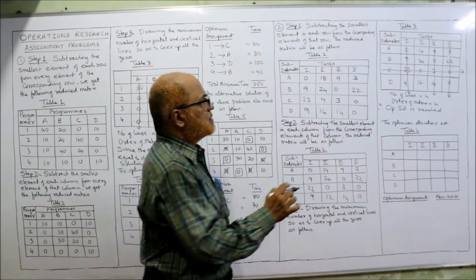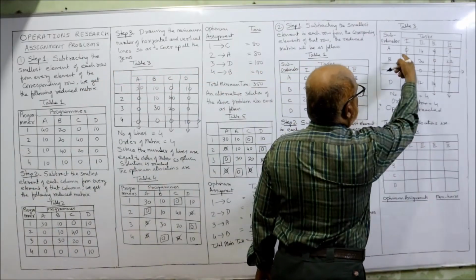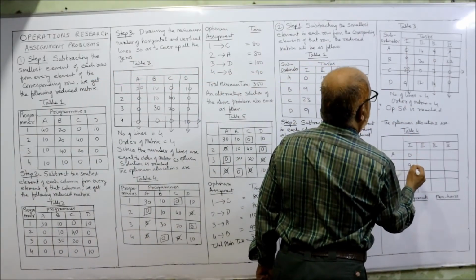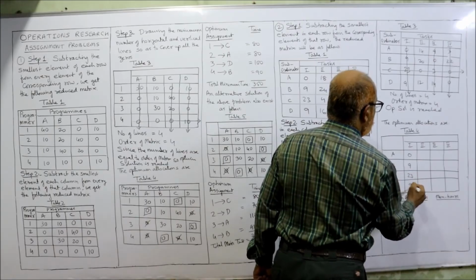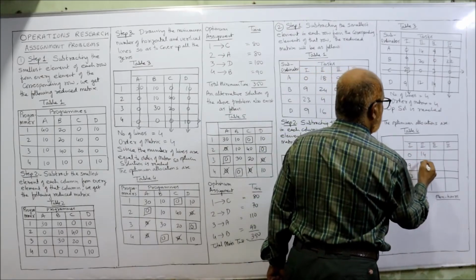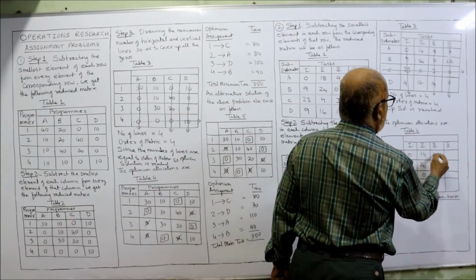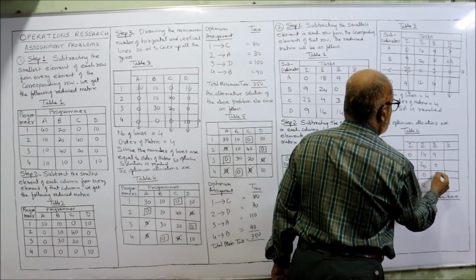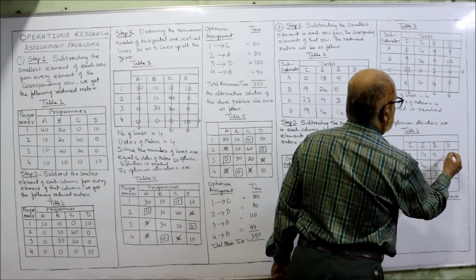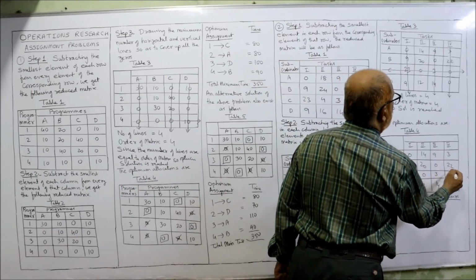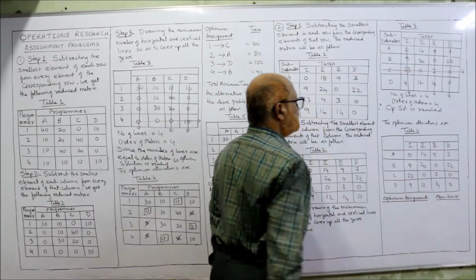Now allocations. How to give the allocations? First copy down 0, 9, 23, 9, 14, 20, 0, 12, 9, 0, 3, 14, 3, 22, 0 and 0.